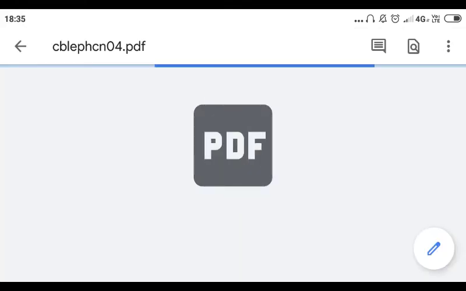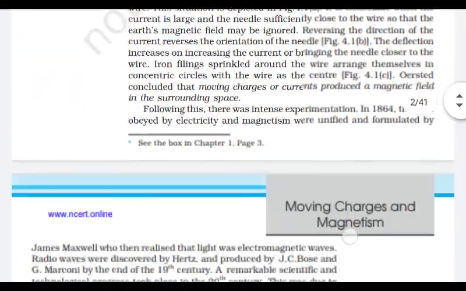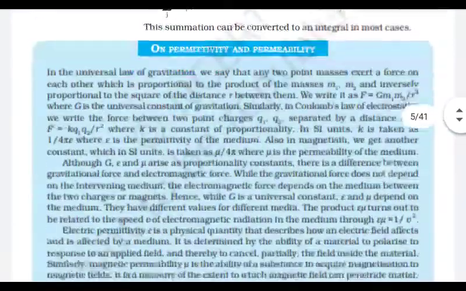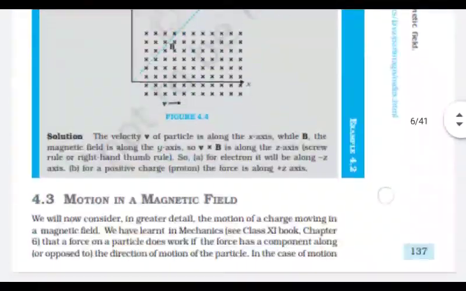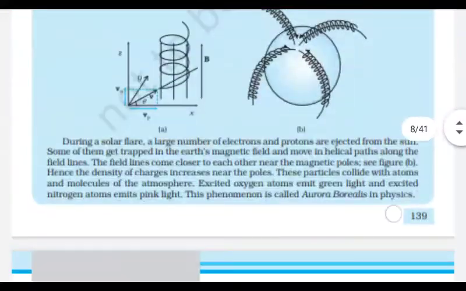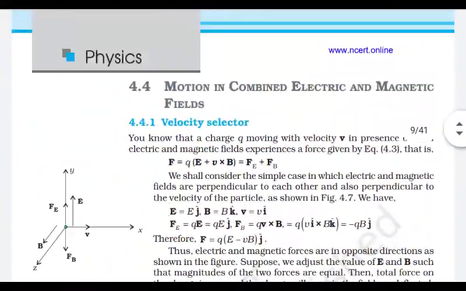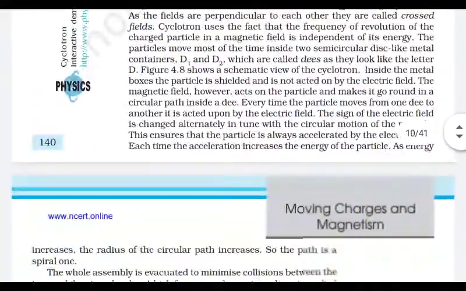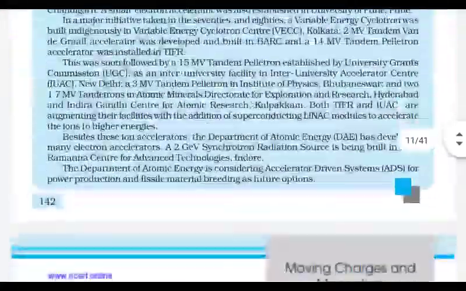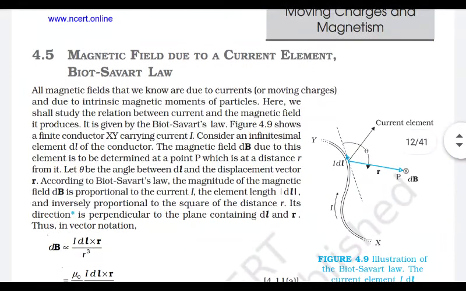Okay, let me look at the Biot-Savart law in our textbook, basically the NCERT one. There are a lot of things, so I'm just searching for the Biot-Savart law. Oh, there are so many things. This is the Biot-Savart law.